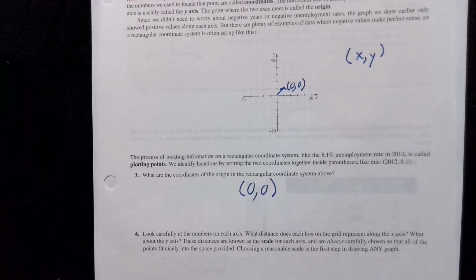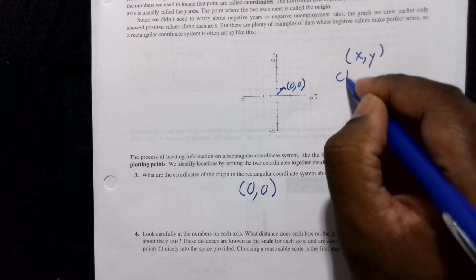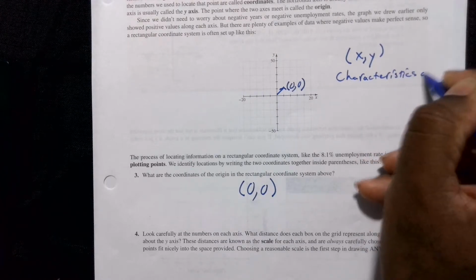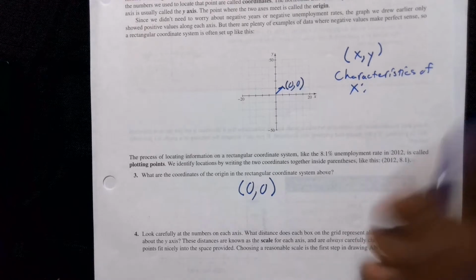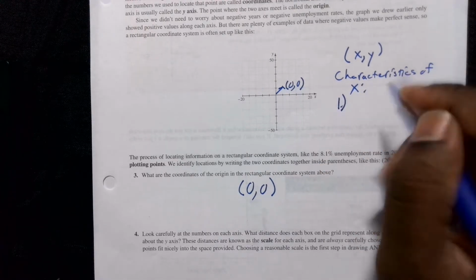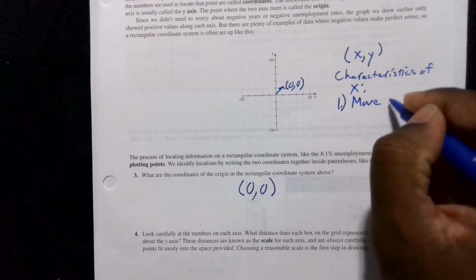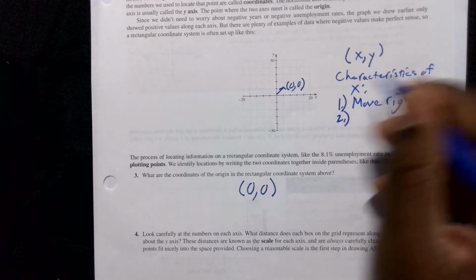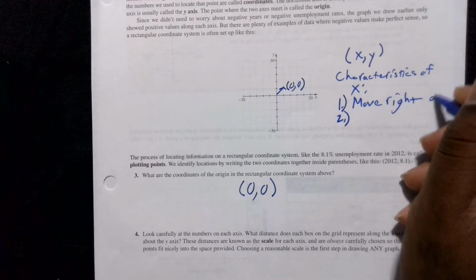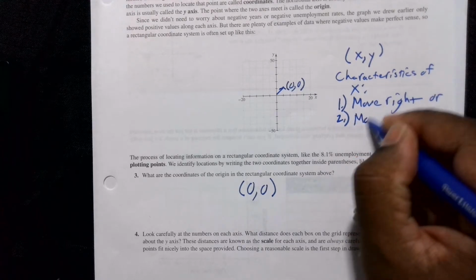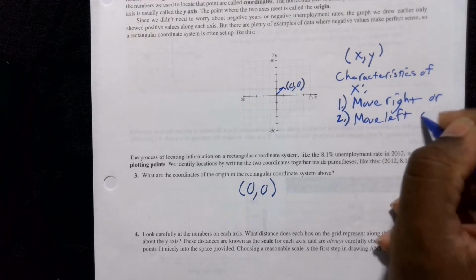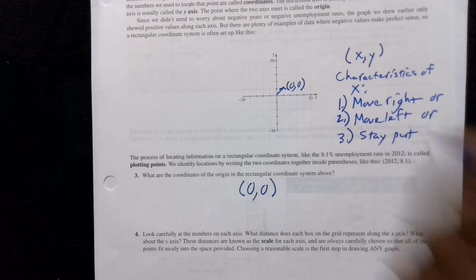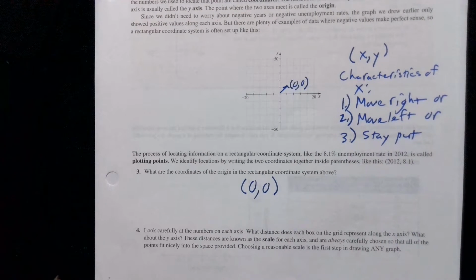So the characteristics of x are these here. Is 1, move right, or 2, move left. Now x doesn't do all of these, it's an OR. Or stay put. Those are the three characteristics of x.